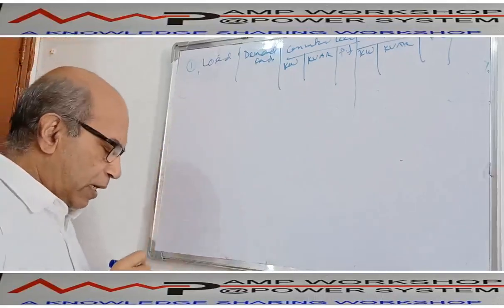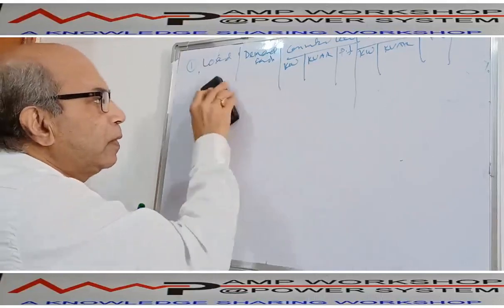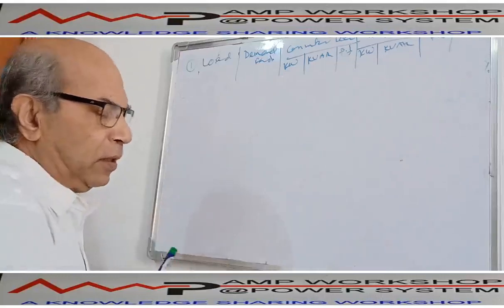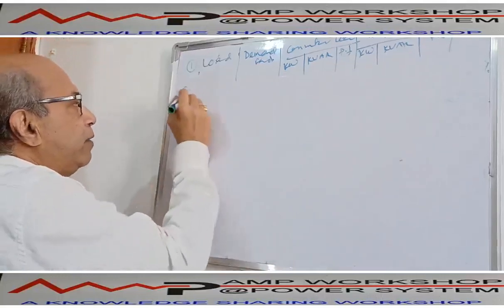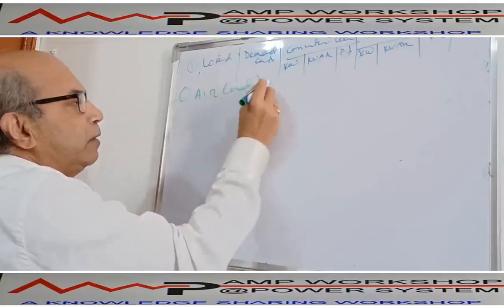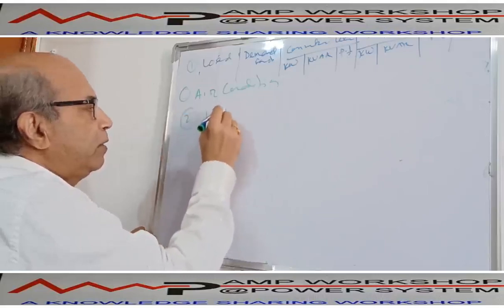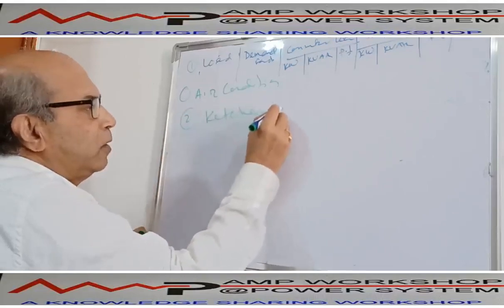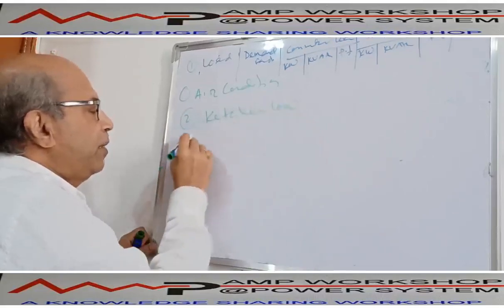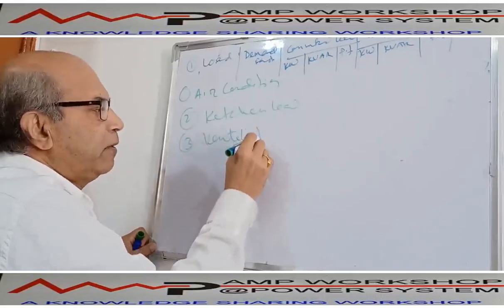In this way we can work out each load. Suppose number one is your air conditioning load. One load is air conditioning. The second load is, suppose, the kitchen load. The third load is ventilation, meaning fans: kitchen fan, bedroom fan, ventilation.